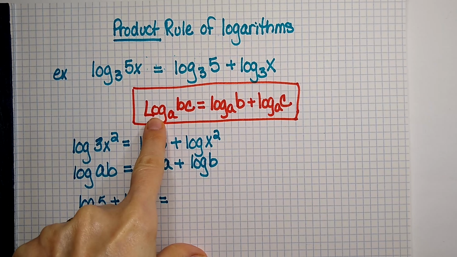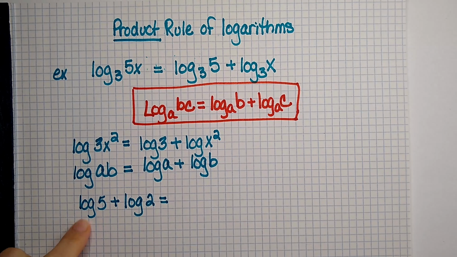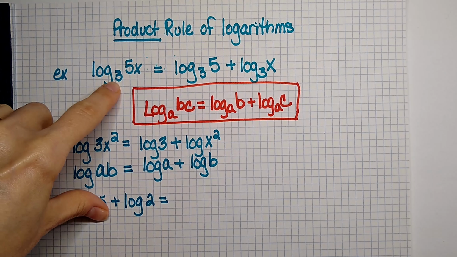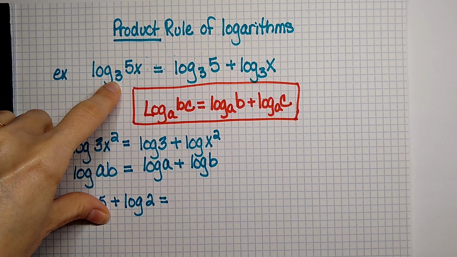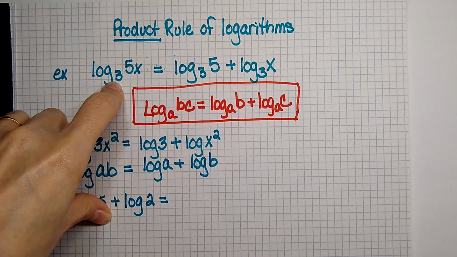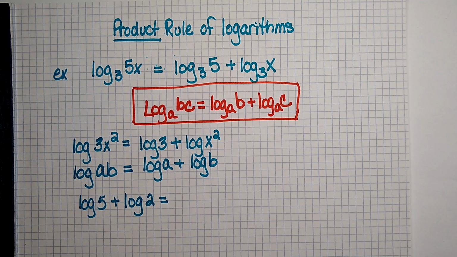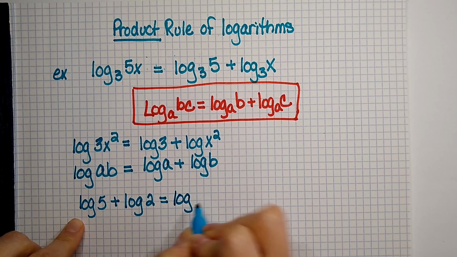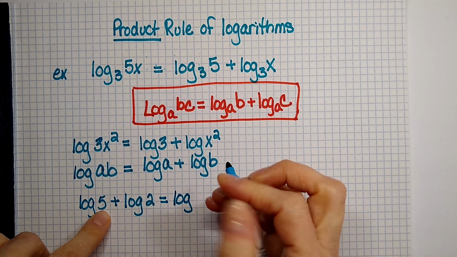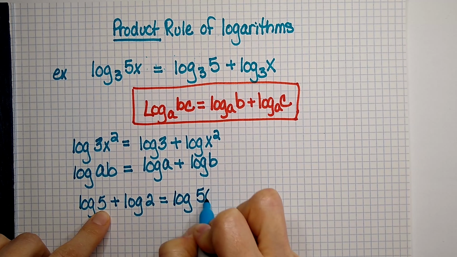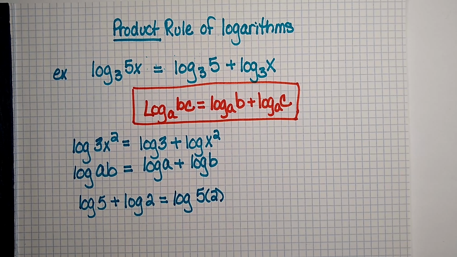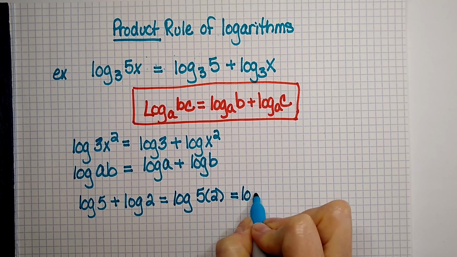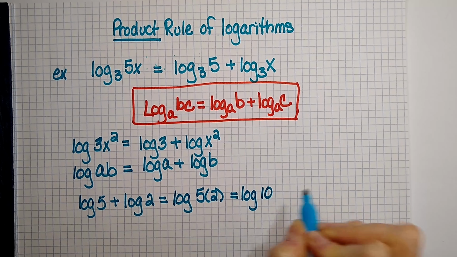These are all log base 10 that I'm doing down on this section. Up here I had a log base 3. Pay attention to that because I will occasionally throw in something that has a different base just to see if you're paying attention. But this is log, remember I just multiplied them, 5 times 2. Now I'm not going to leave it as 5 times 2 because I know what 5 times 2 is, so I'm going to simplify that. That is log of 10.